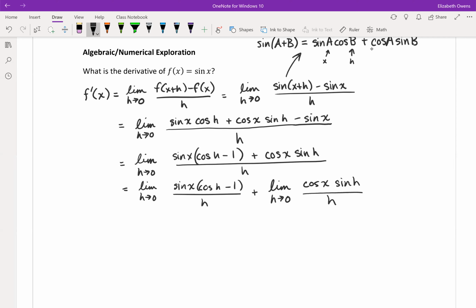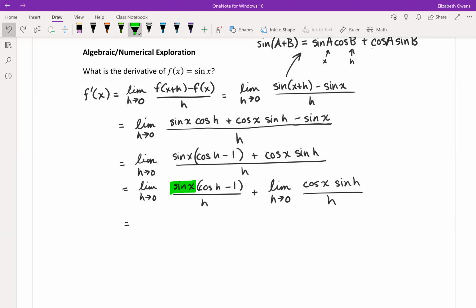So we can look at each one of these individual limits here, starting with this first one. Notice that as h approaches 0, this term sine x doesn't really care what's going on with h. There's no h involved in sine x, so as h approaches 0, sine x doesn't change at all.